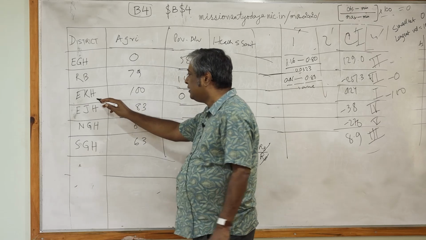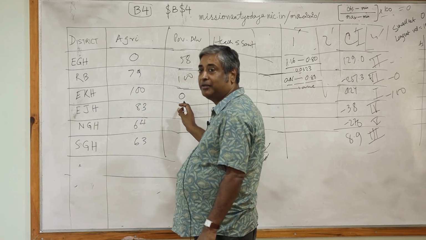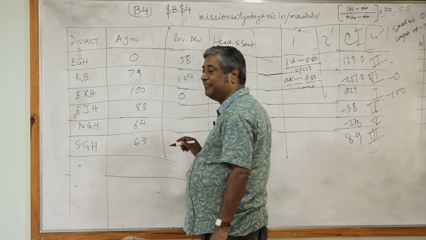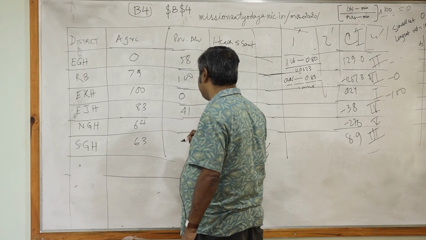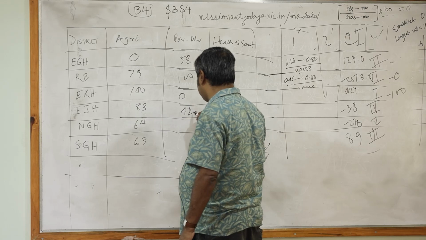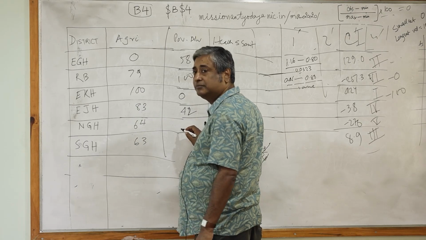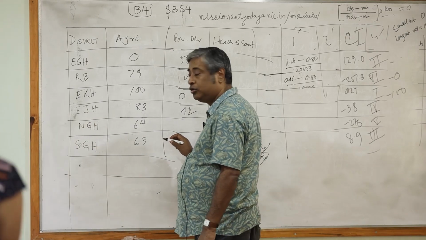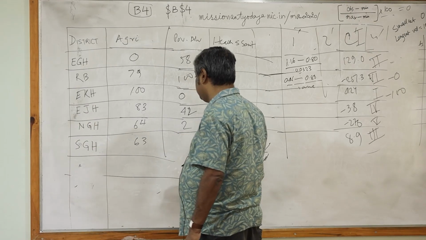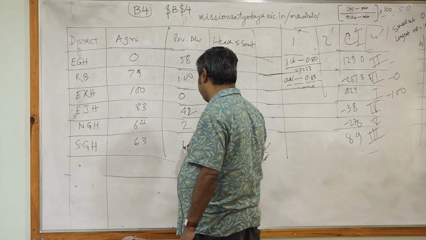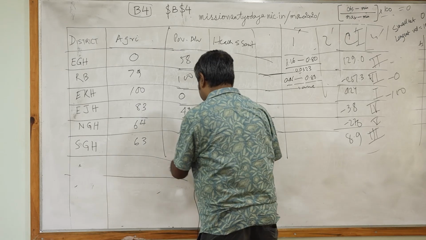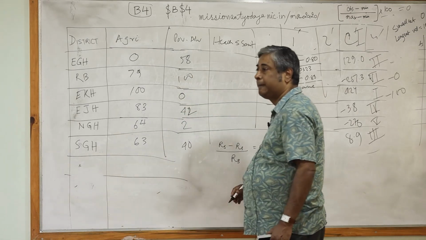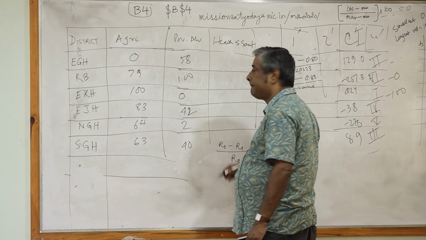In agriculture, East Khasi Hills is the best, but in poverty alleviation, it is 0. 42, okay. 39.8, so 40. You can just reduce the decimals, it becomes easier.